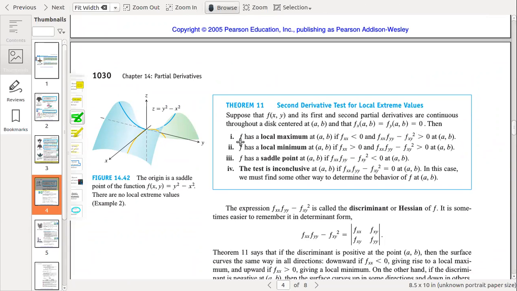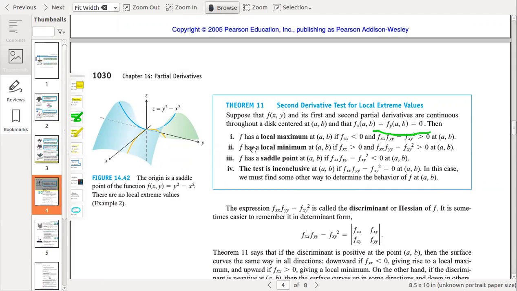Then f has a local maximum at (a,b) if the second order partial derivative with respect to x is less than 0, and f_xx times f_yy minus f_xy squared is greater than 0 at (a,b).